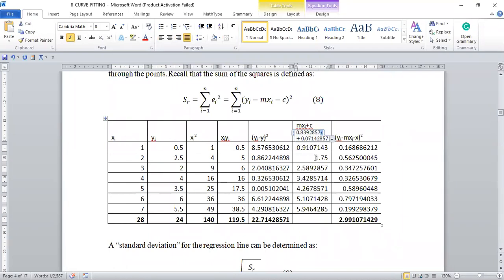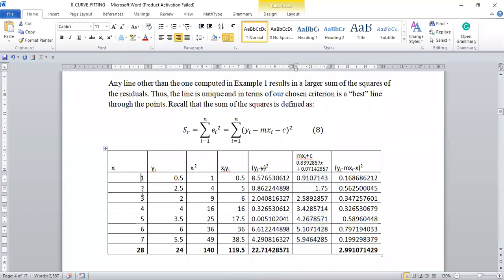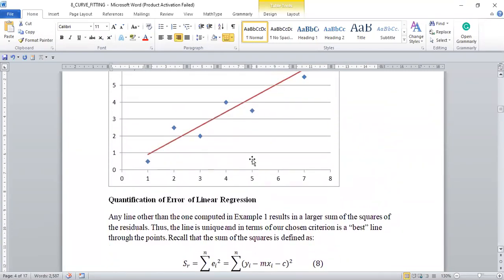For this one, you put in x when x is equal to 2. For the point where x is equal to 3, we arrive at this column. The plot of this and this gives us the straight line, the red line we derived. Then the plot of this and this gives us the blue data points.